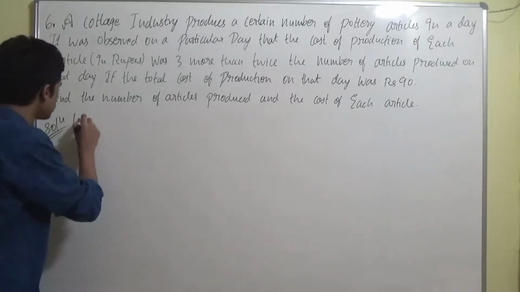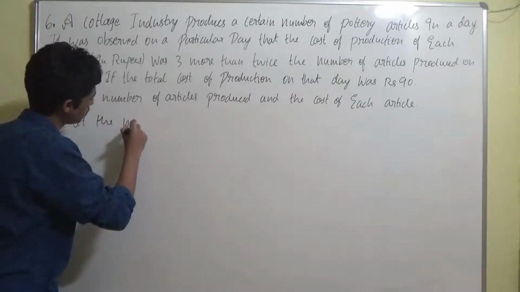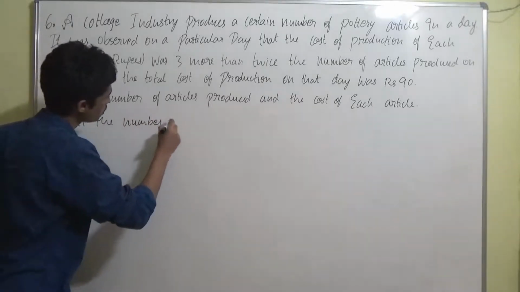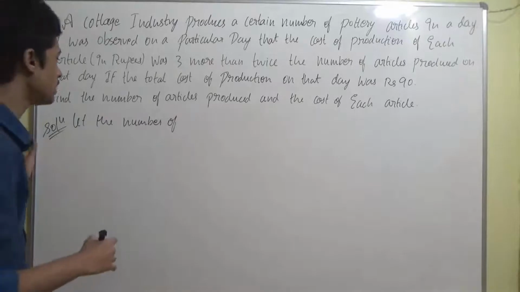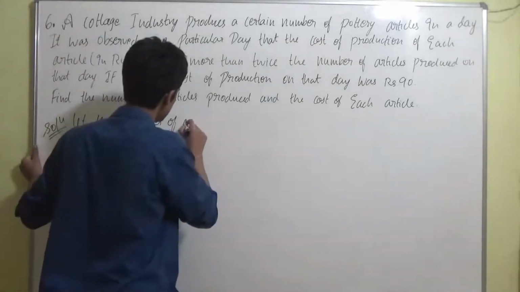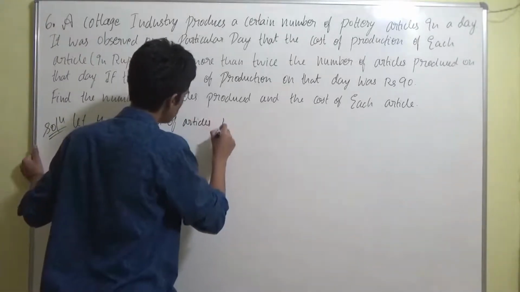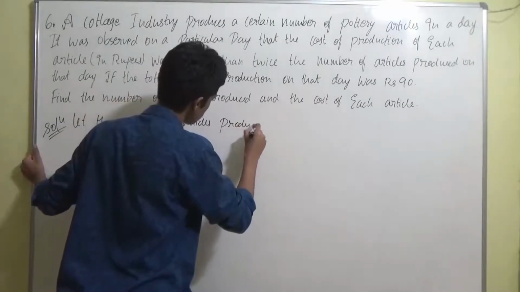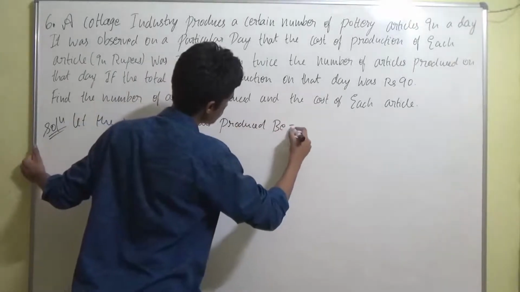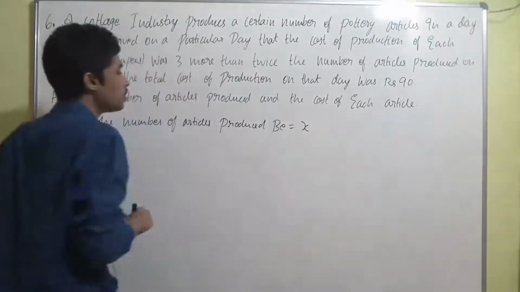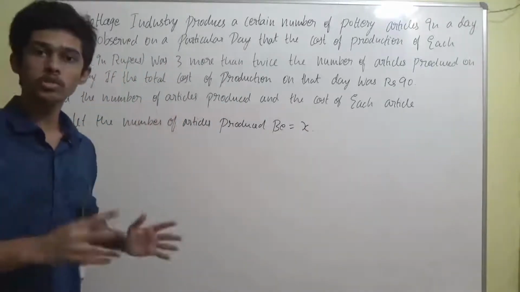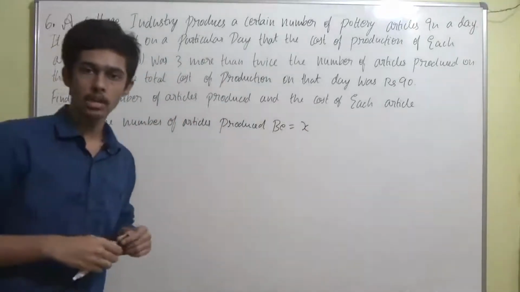In all the questions we are doing the same thing. So let the number of articles produced be equal to x. Now if the total cost was 90 rupees, how is cost calculated guys?